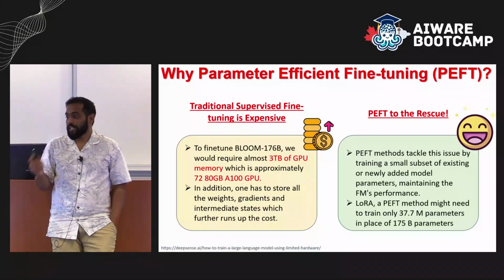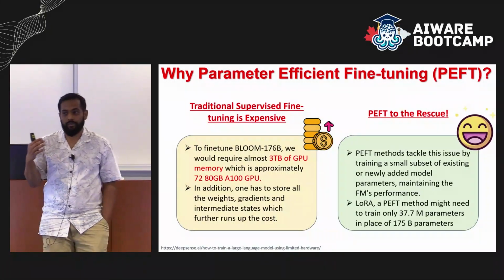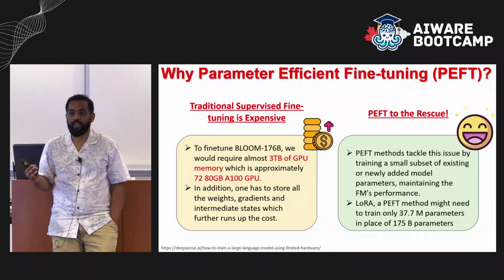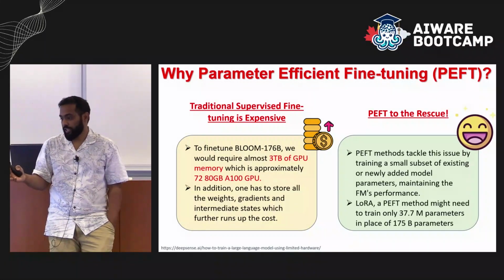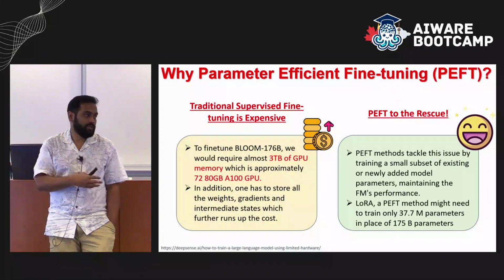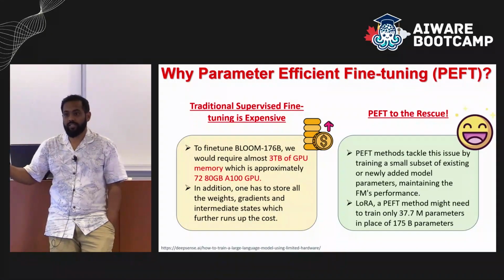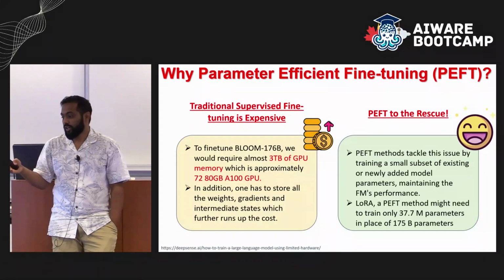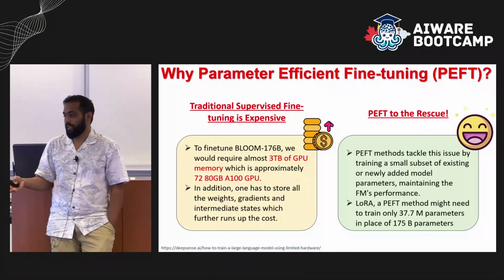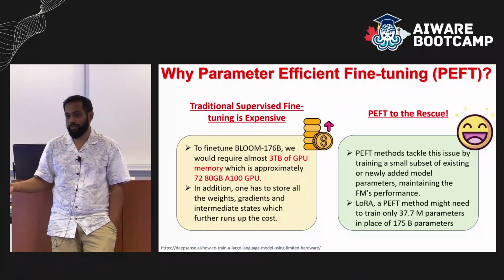So that's why people have been investigating, and parameter efficient fine-tuning has become really popular. In traditional supervised fine-tuning, as I was saying, to fine-tune the Bloom 176 billion model, which is very similar to GPT, you require 3 terabytes of GPU memory, which is 70 to 80 gigabyte A100 GPUs.